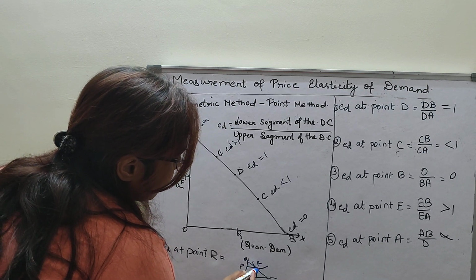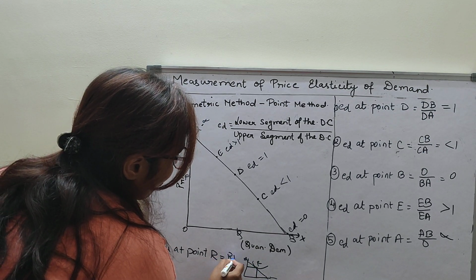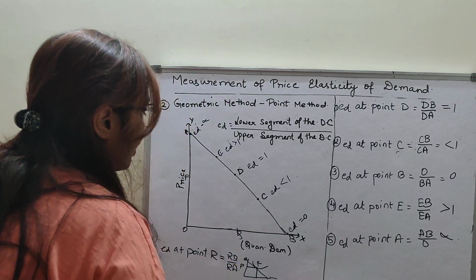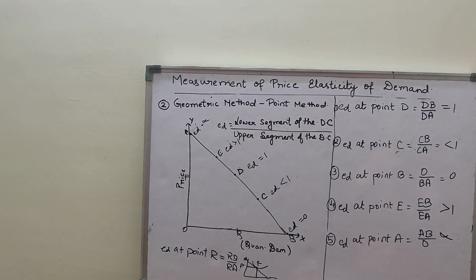So what I can write here is RB, that is the lower segment, by the upper segment, RA. Clear? So I can find out the elasticity by just drawing a tangent. So I have drawn the tangent, you see. Clear? To measure the price elasticity on the demand curve.